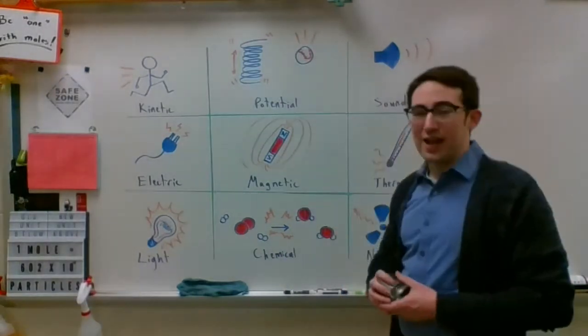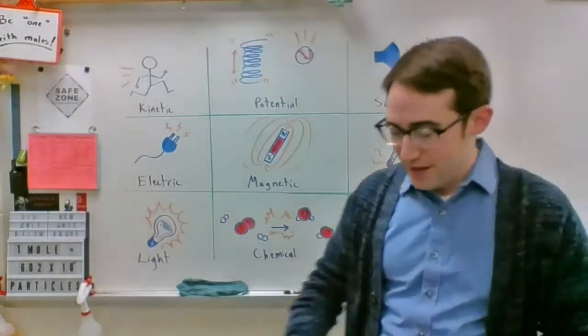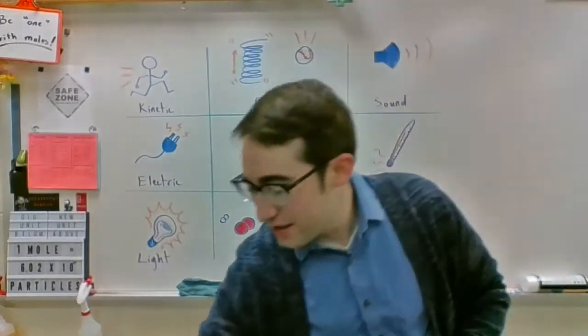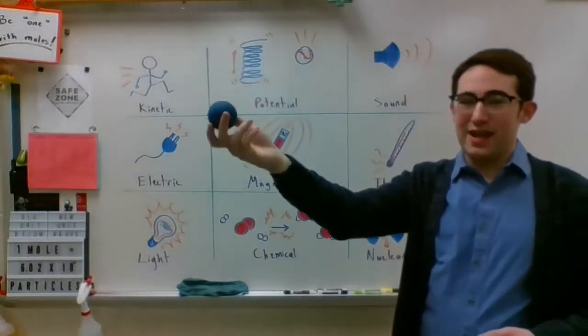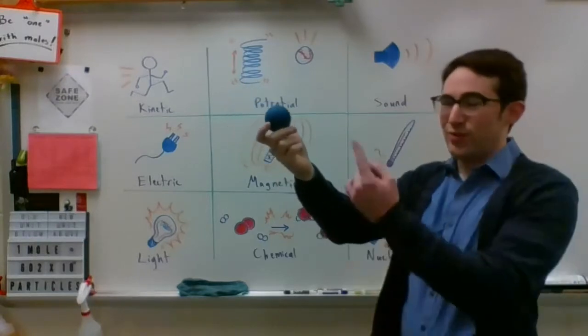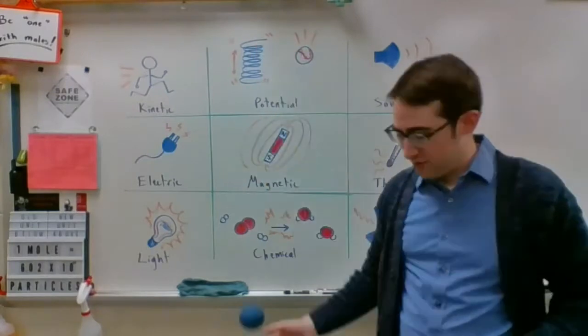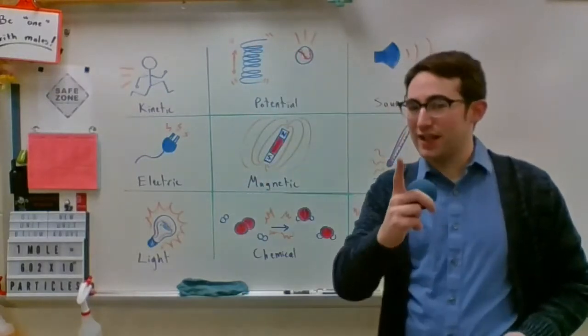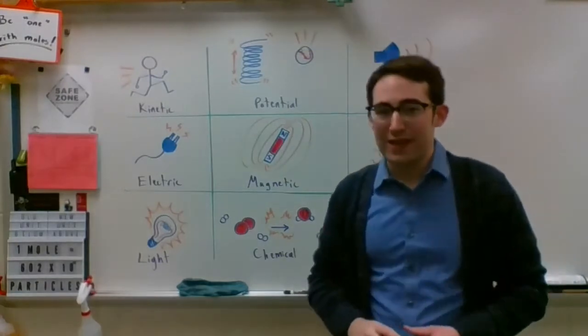The other kind of potential energy we see often in science is gravitational potential energy. Anytime you hold something out like this and get ready to let it go, it has gravitational potential energy pulling it down. It's the potential to drop. Now, if I release it, it will drop. In this case there's actually some elastic potential energy too, but you'll miss it if you blink.